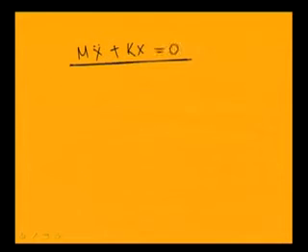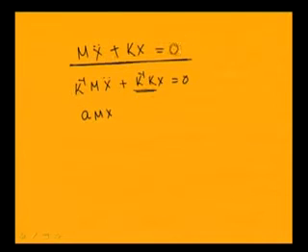Either one can write the equation in this form, or one may pre-multiply by k inverse. It will be k inverse m x double dot plus k inverse k x equal to 0. So, k inverse k equal to I and k inverse equal to matrix A. So, A m x double dot plus I x equal to 0.